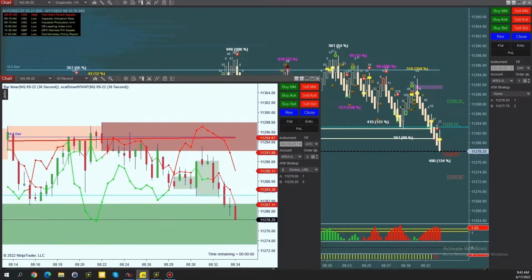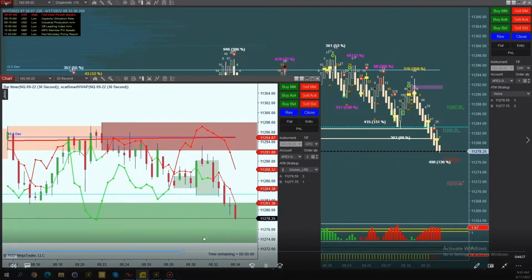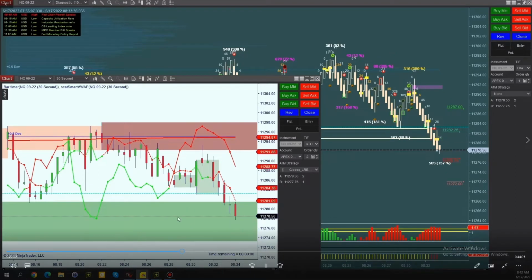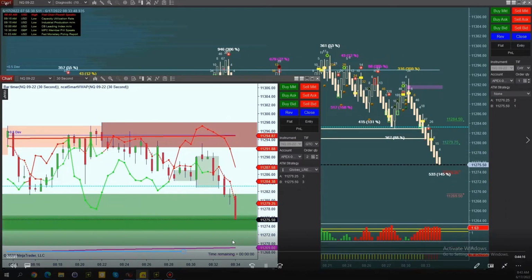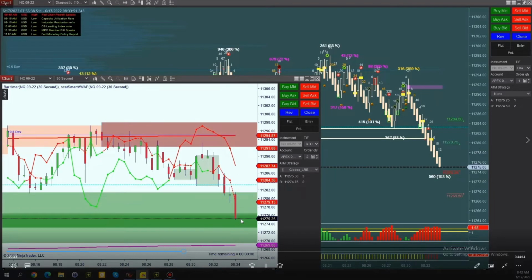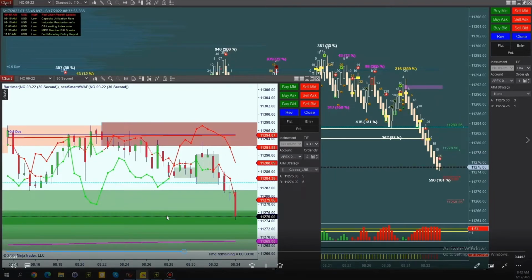Now keep in mind, remember, we had all that support area down here that we wanted to really break out of. Okay. So now we are having a nice little run short. Here's our strong support area zone.